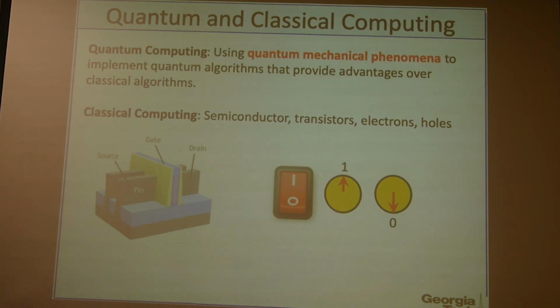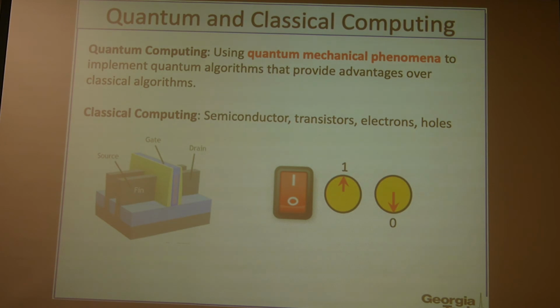Now the thing is, how do you get all these properties? What is it that you leverage to get that kind of a speed up in quantum computing? The idea is that you use quantum mechanical phenomena of your computing entity.